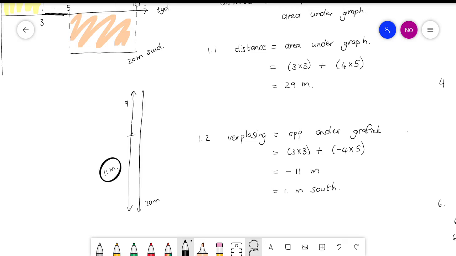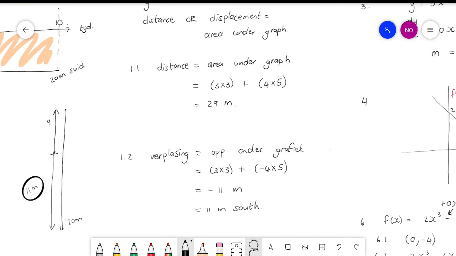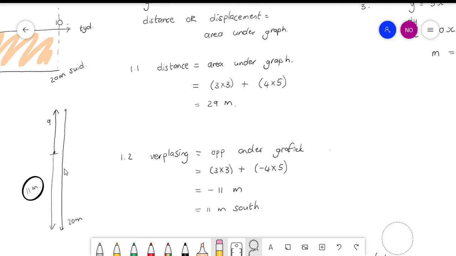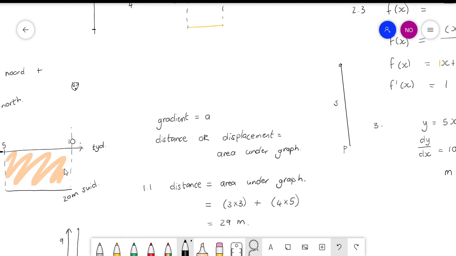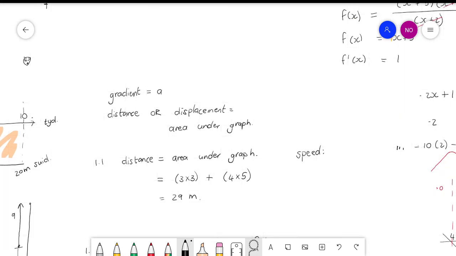Okay. Now this wasn't part of the question, but I love asking it like this. Let's go back to 1.1. If I add a question there and I say, give me the speed. It's important that you remember spoed is ook 'n skalaar.